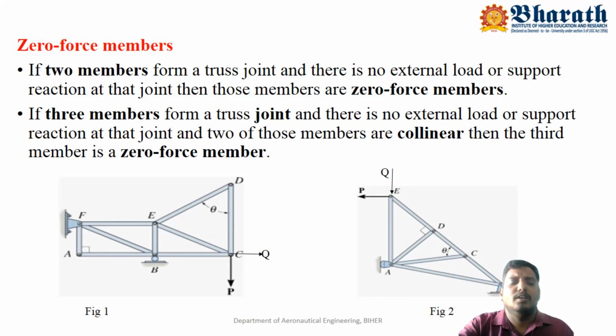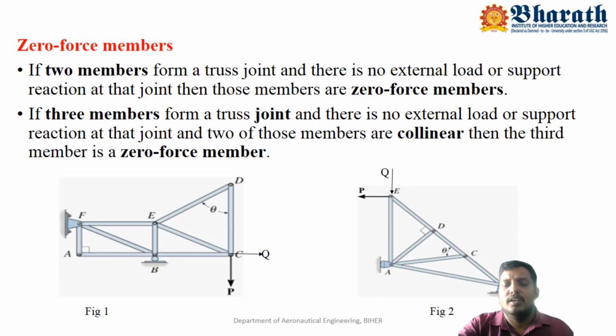It has only 2 members. Therefore, these 2 members are zero force members. In the same way, in figure 1, joint D has 2 members, there is no external loading as well as no reactive force from the support. Therefore, members DE as well as DC will be zero force members.